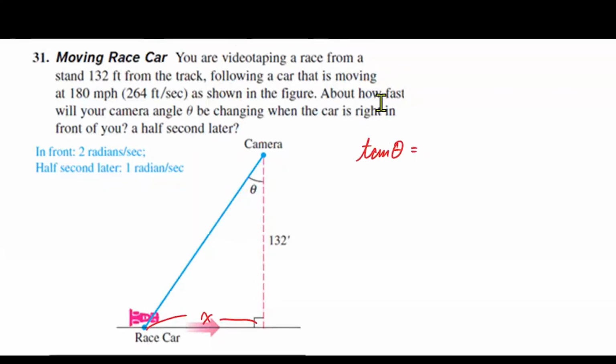Because we don't want to calculate this side. So let's use tangent. Tangent theta is equal to x over 132. How about that? Good. Then we can calculate the derivative. So we have secant squared theta dθ/dt is equal to 1 over 132 dx/dt. You with me?